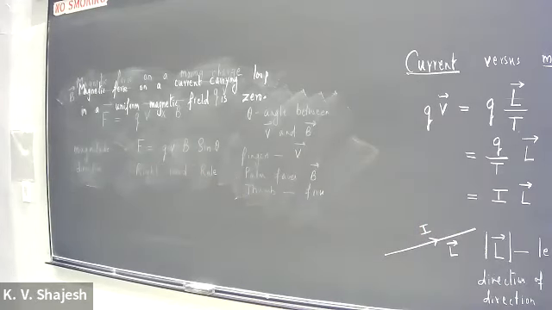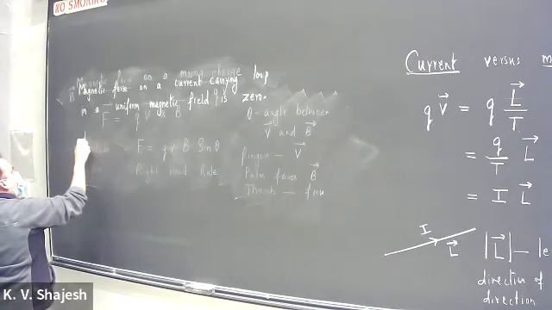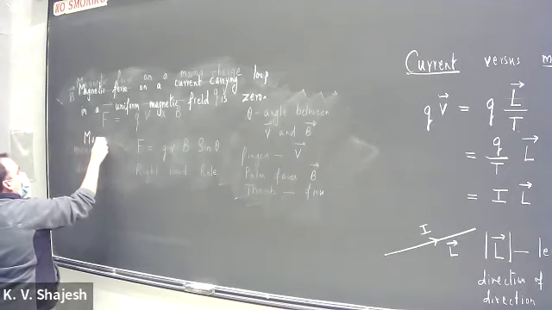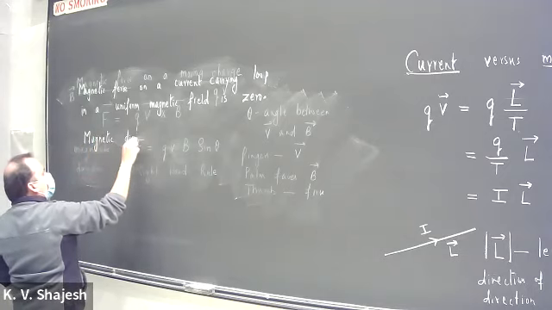If there is no magnetic force, does a loop not experience anything? No, that's not completely correct. It does experience a torque. So let's define what is called a magnetic dipole moment.